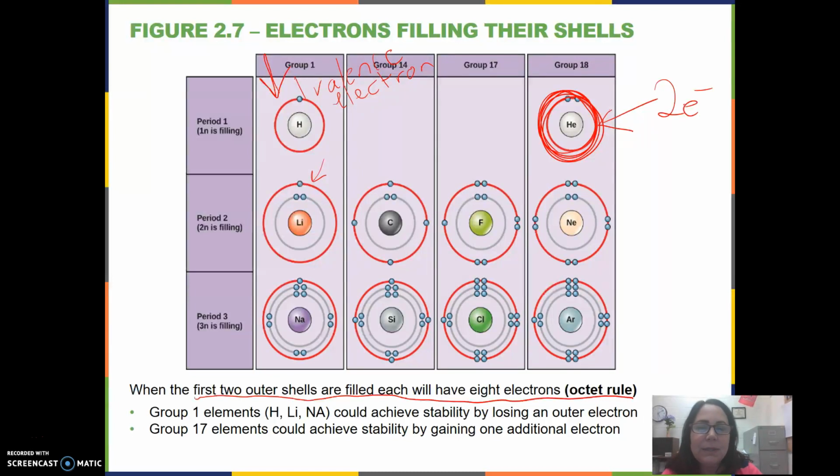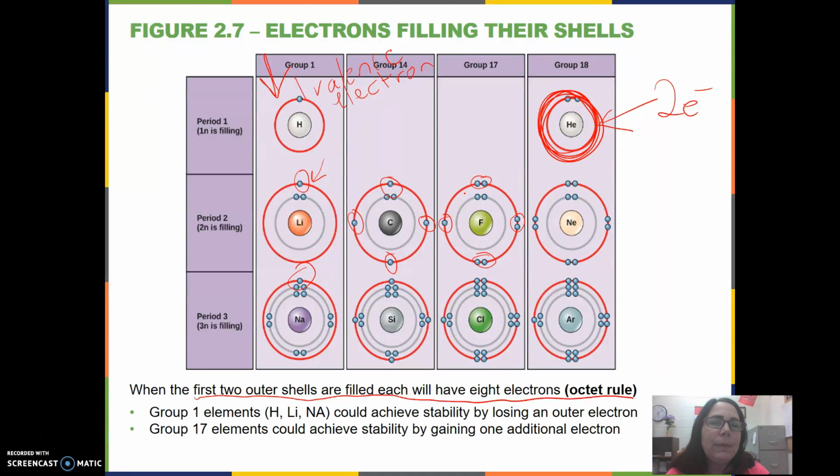So lithium could potentially hold 7 more electrons in its second energy level. Sodium also has just 1 valence electron. So all of the atoms in group 1 have 1 valence electron, all the atoms in group 14 have 4 valence electrons, and the atoms in group 17 have 7.